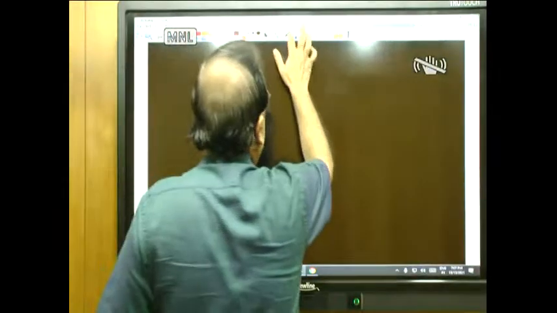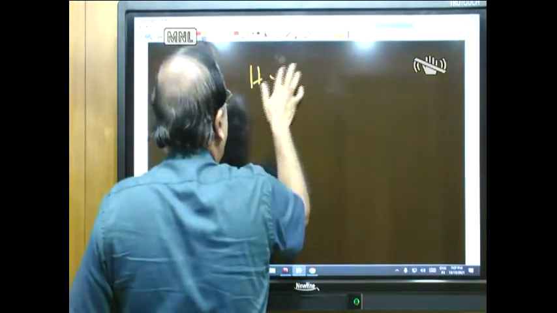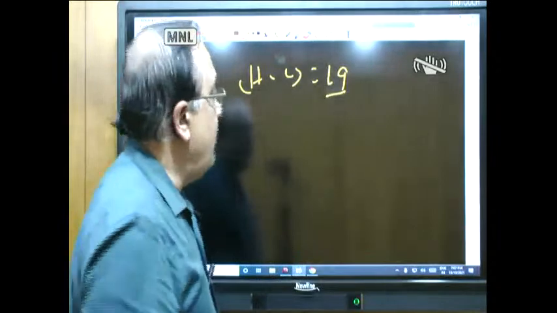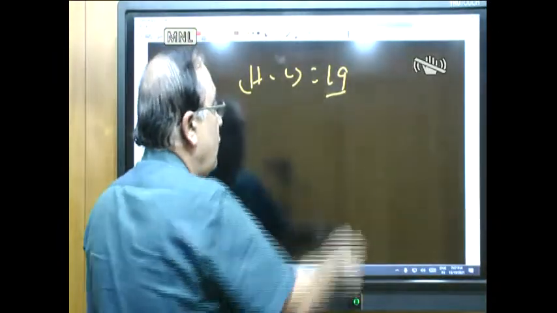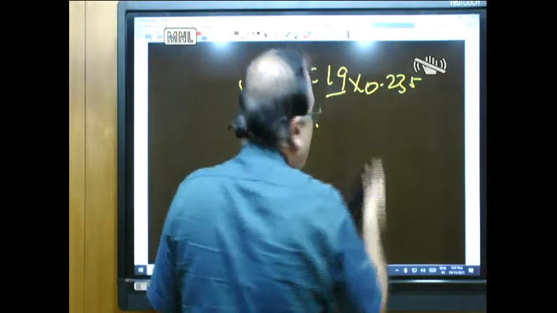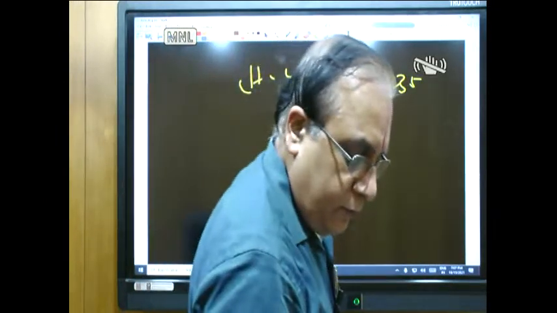So yesterday's range was 19 rupees, high minus low in XAU. If you apply 0.235, 19 into 0.235 is approximately 4 rupees.